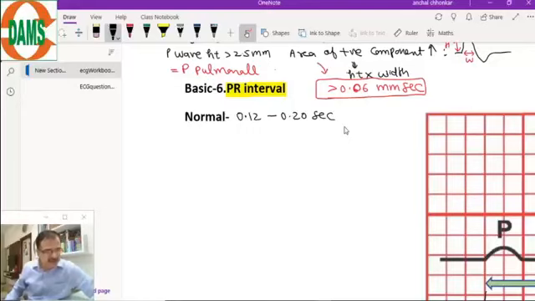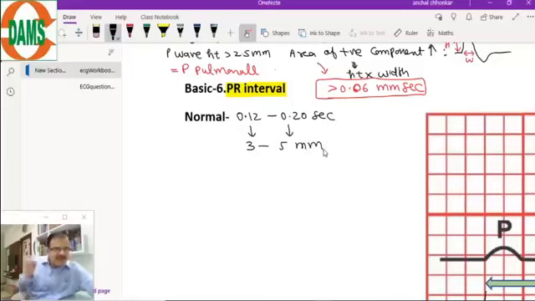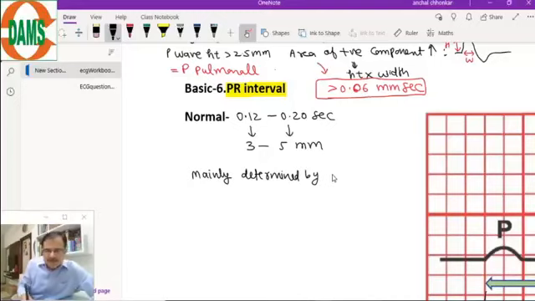And if in millimeters, we'll see 3 to 5 millimeters. 3 to 5 millimeters will be the answer if it is in millimeters. Now the PR interval is mainly determined by conduction in the AV node.